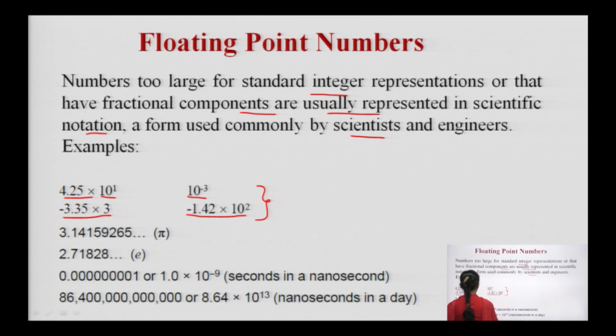The value of pi is a common constant known to everyone, 3.14159265, again a number represented in floating point. The value of e is 2.71828. The number of seconds in a nanosecond is 1 times 10 to the power minus 9.